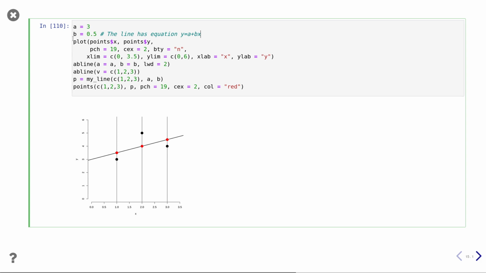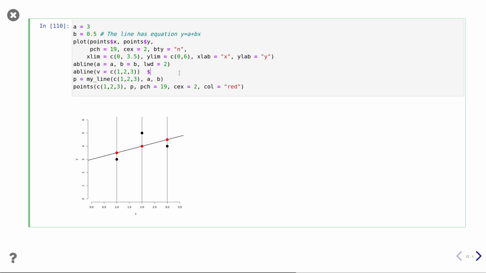Again, I'm plotting the points and I'm plotting the line. And here I'm making vertical lines. This is yet another way of calling abline: if you call it with v equals 1 or several values, it will make vertical lines at those values.